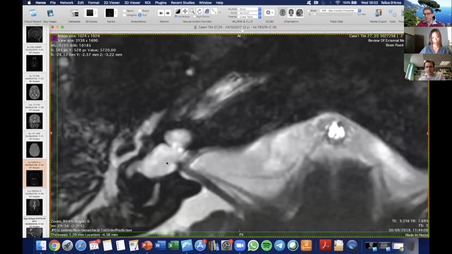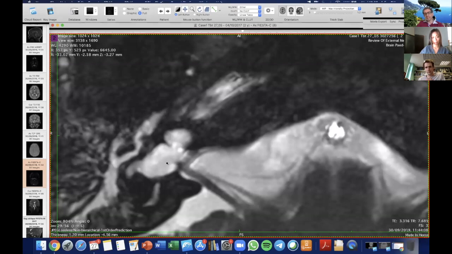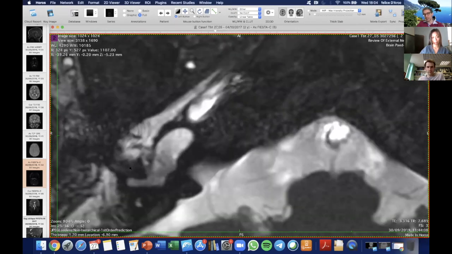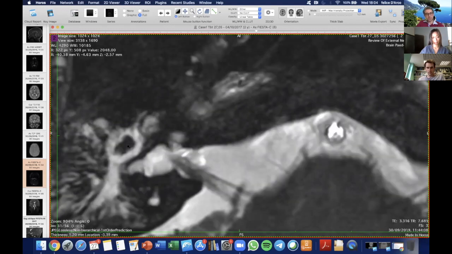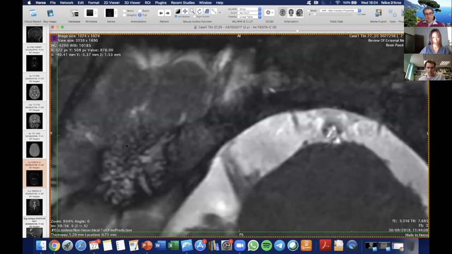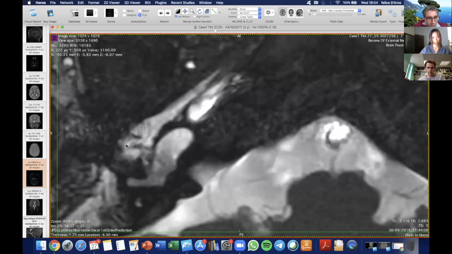The vestibule is enlarged. The lateral semicircular canal is small and dysplastic. The other canals are slightly dysplastic maybe, but not as much as the lateral. And again, we can see the hypointensity of the ossicles, not only the malleus and the incus, but look at the stapes here.